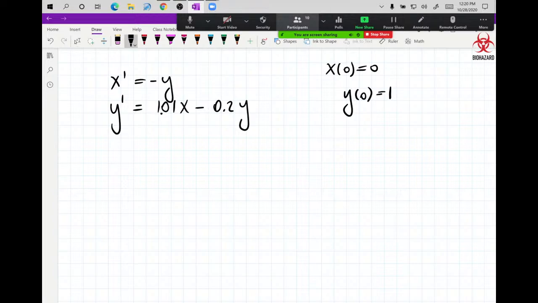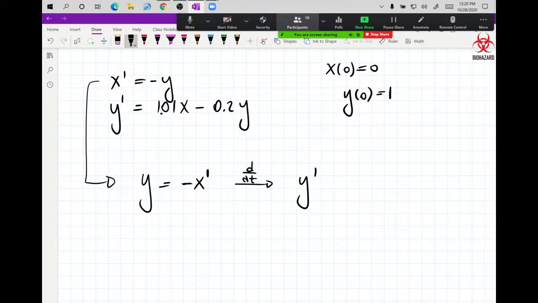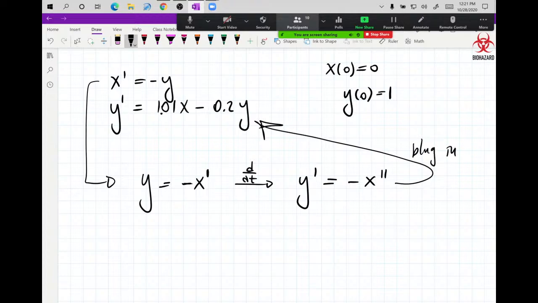Well, I hope that you can immediately pick up the fact that you can take the first equation, write it as y equals negative x prime, and then differentiate to come up with y prime equals negative x double prime. And at that point, all you need to do is plug in, and you're done.